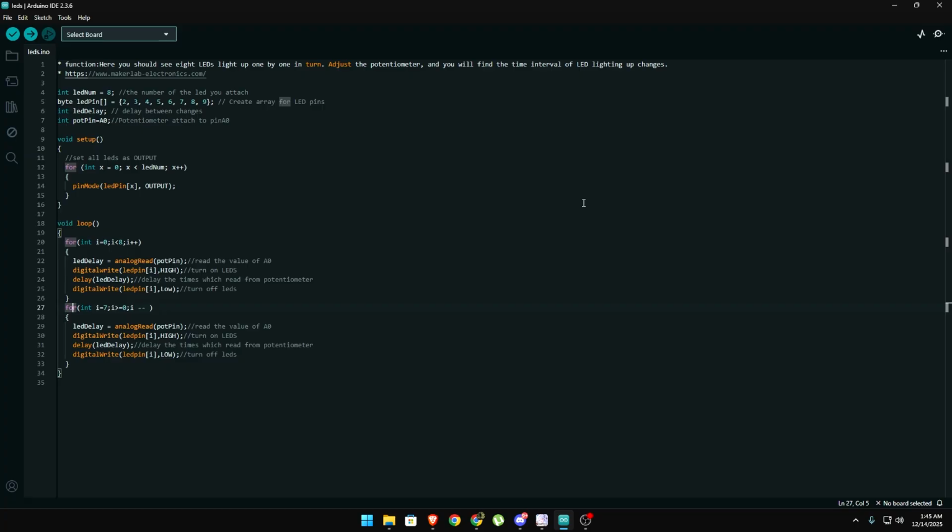Today I'm going to discuss the activity for the Arduino code, which is Lesson 3, Control LEDs. As you can see here, we have the int led pin.